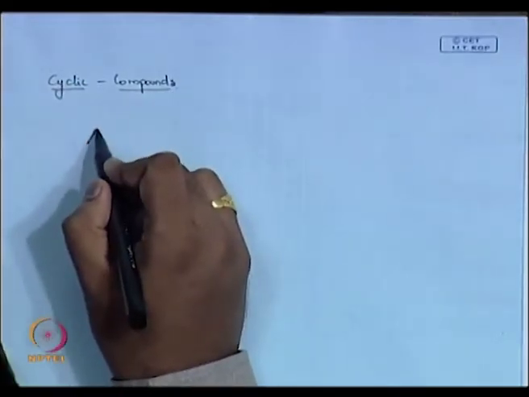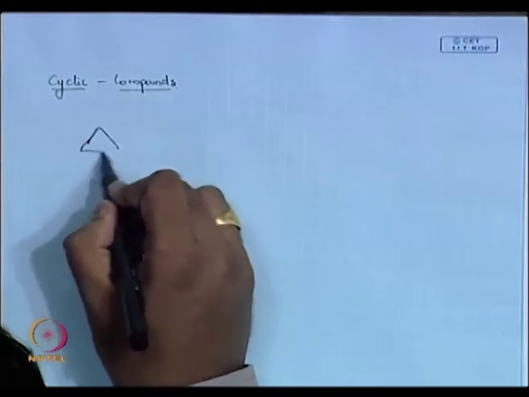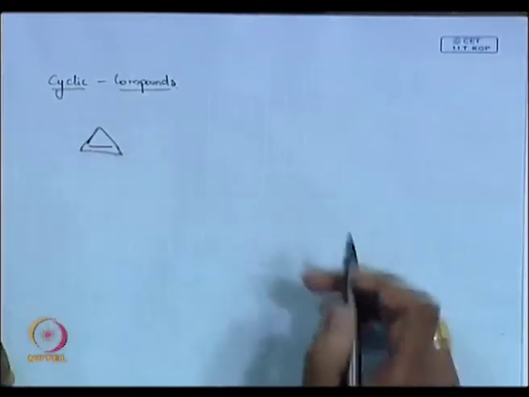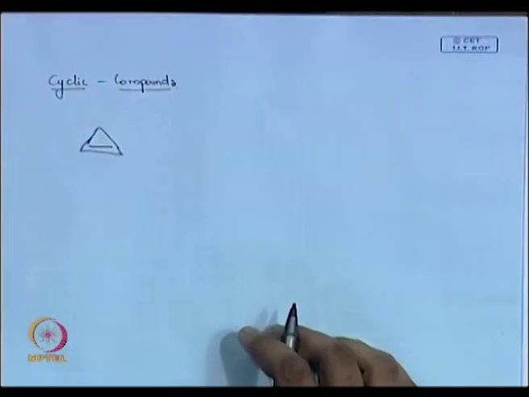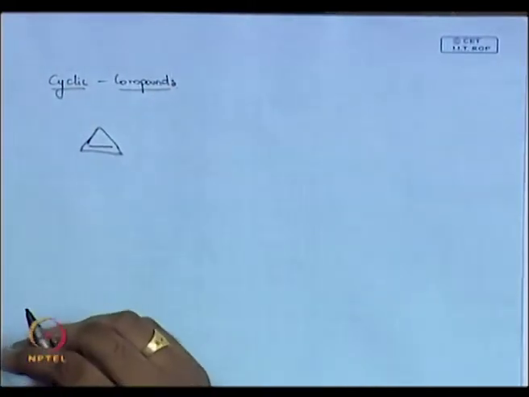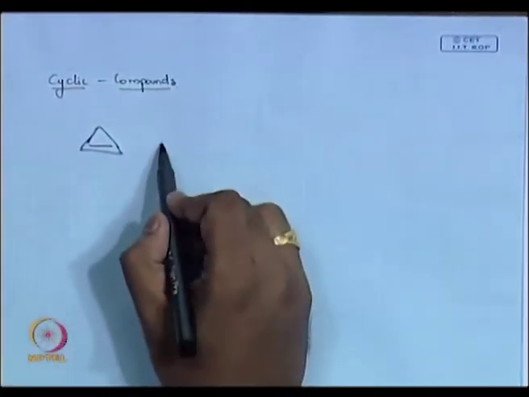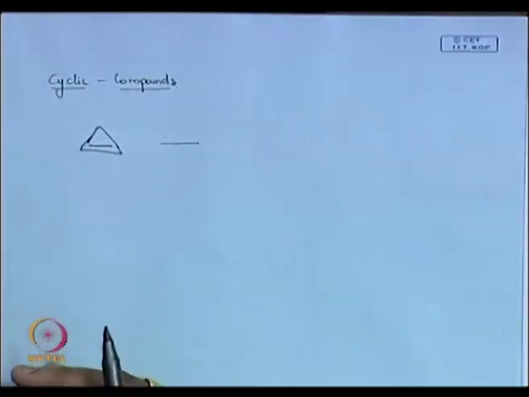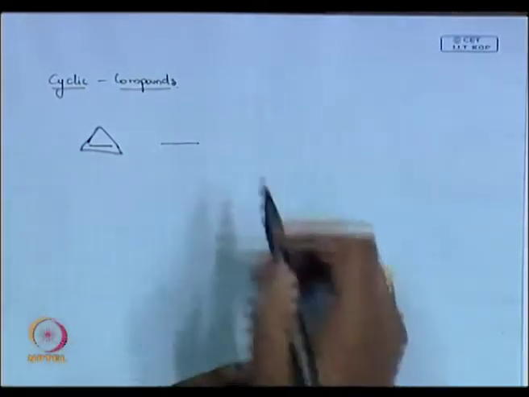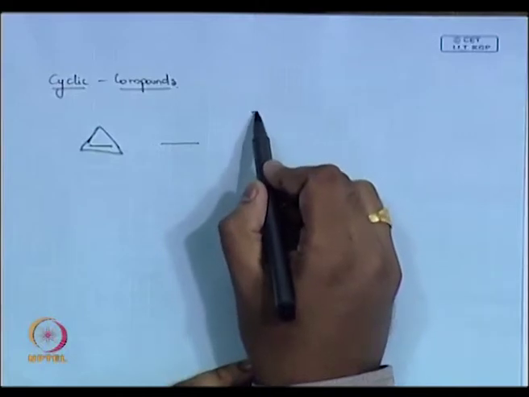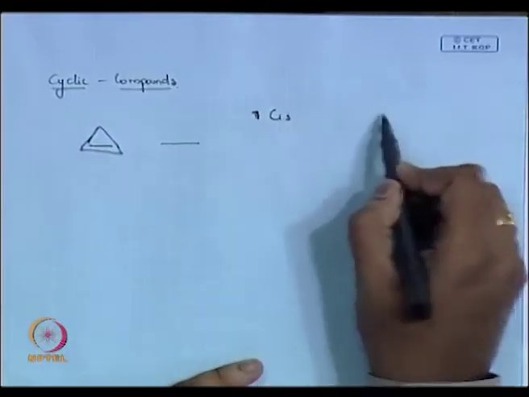We will start from the smallest ring, cyclopropane. Cyclopropane, how does it exist? I can put cis and trans here.